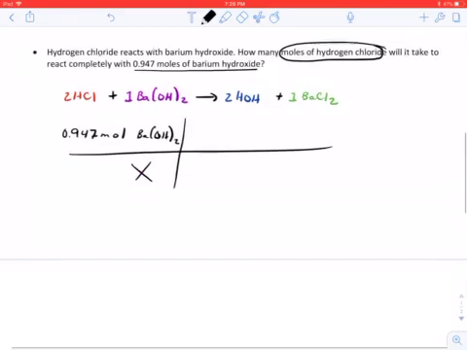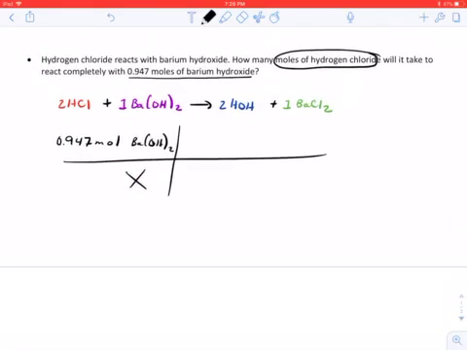If we think of it in terms of where we're going, hydrogen chloride, on top we're looking for HCl. So we're going to put 2 moles of HCl, and that 2 comes from that 2 right there. Where we've been is barium hydroxide, 1 mole of barium hydroxide.